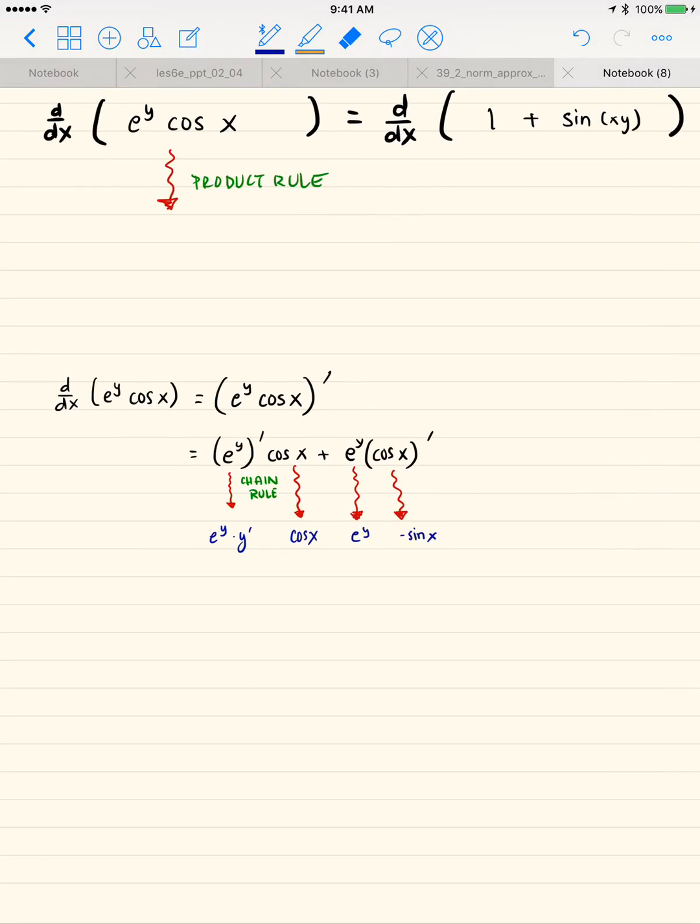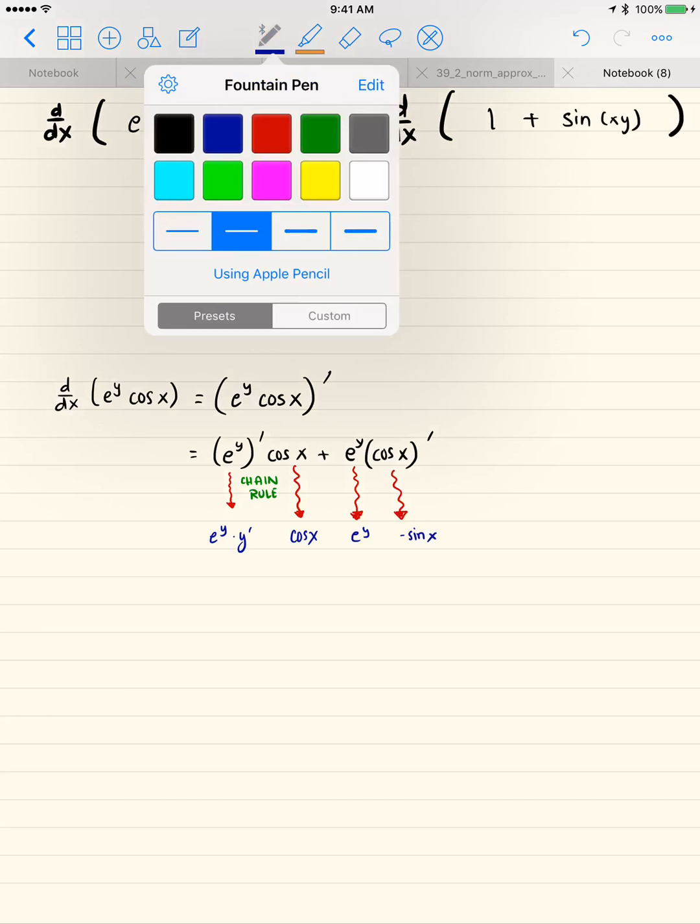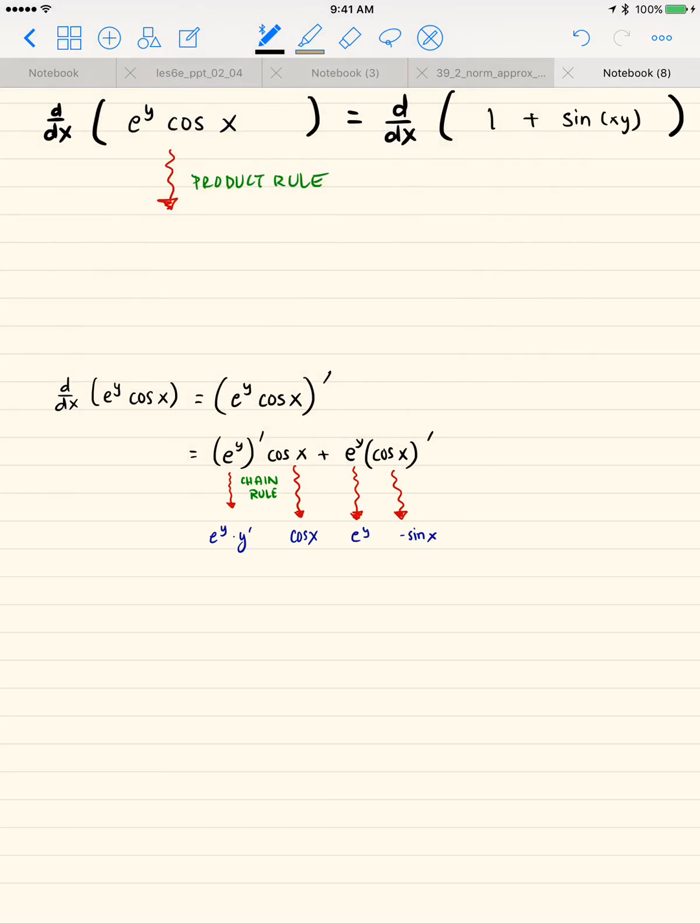So now, we're back to this derivative is equal to, so we've got this times this plus this times this. So we'll have e to the y cosine x y prime minus e to the y sine x.